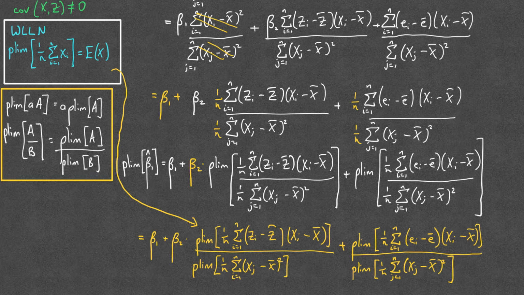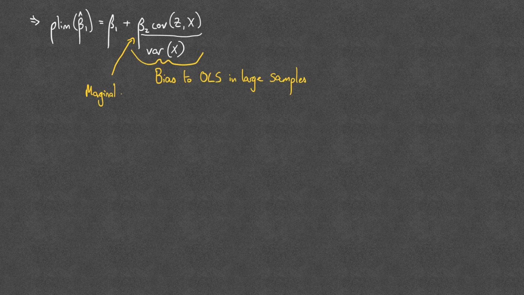So remember, beta 2 is the marginal effect of z on the dependent variable y. The covariance term is just the covariance between z and x.